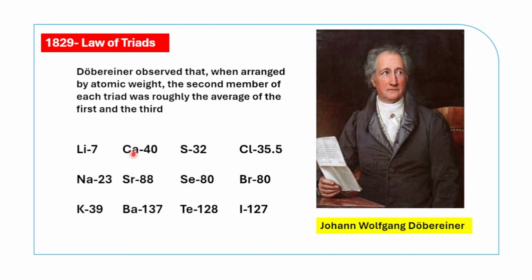Similarly, in case of calcium, strontium and barium, if you sum calcium's atomic weight and barium's atomic weight and divide by 2, you will get roughly the atomic weight of strontium. And these are some other examples. Not exact, but close numbers you will get.